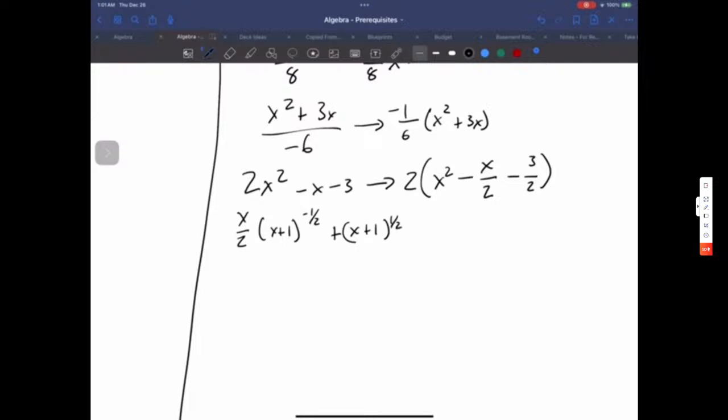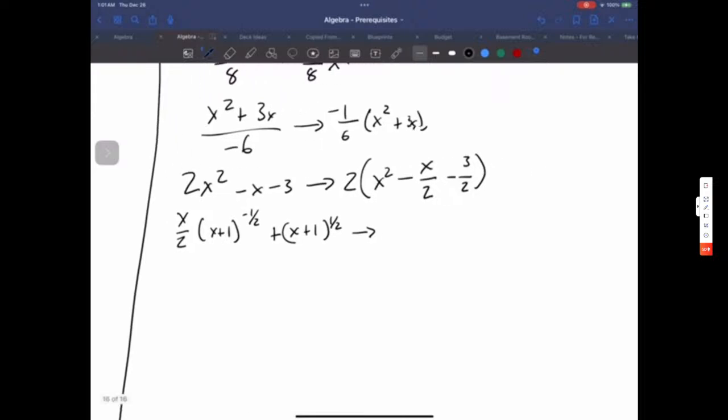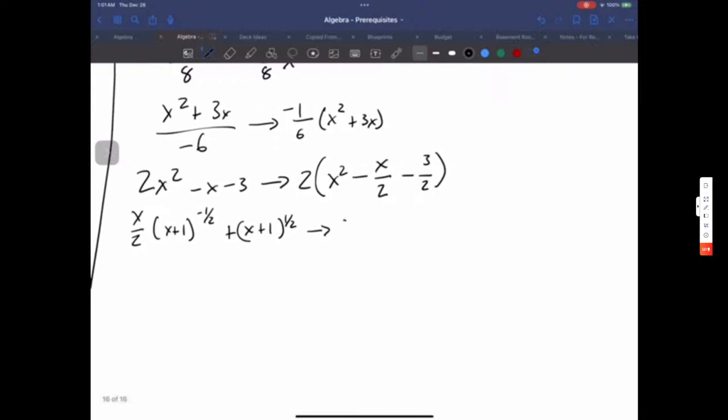And you will see that written in his thing as x plus 1 to the negative 1/2 over 2 times x plus 2 times x plus 1.